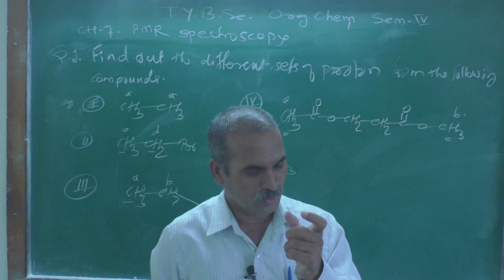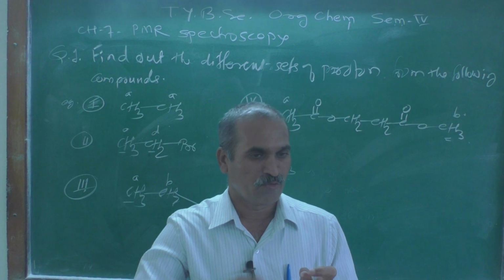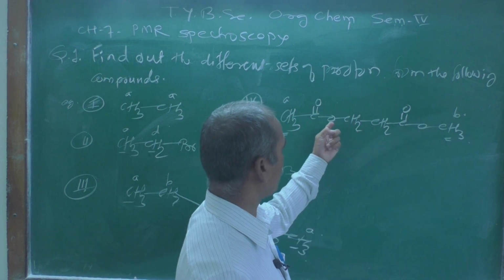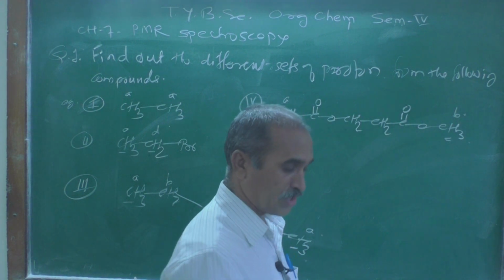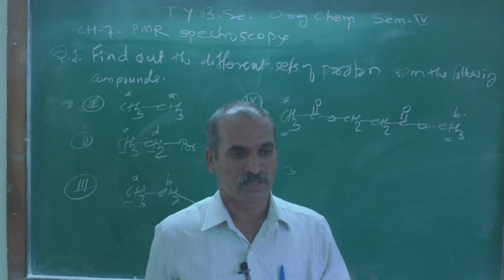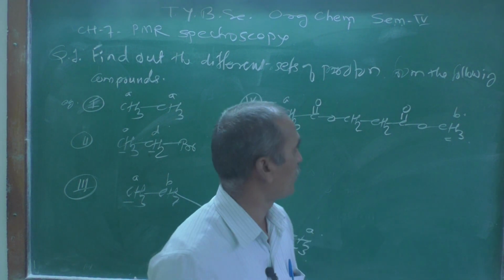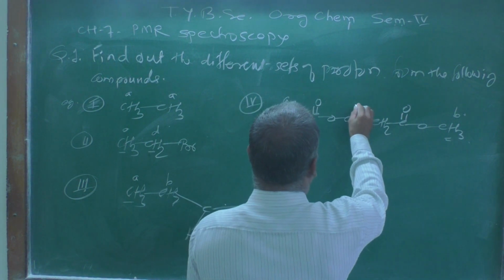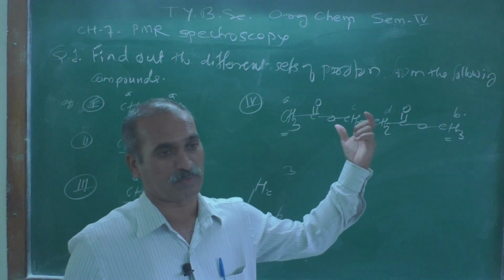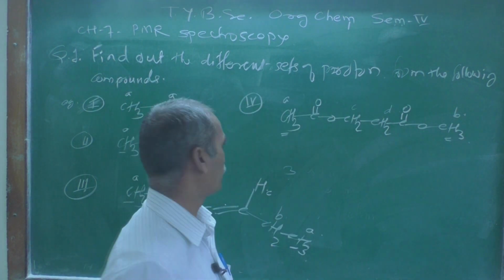Observe these two, see their neighbors. Here is oxygen, here is a carbonyl, and therefore these two methylene groups are not the same, they are different, so you can label them C and D. That means there are 4 sets of proton present in structure number 4.